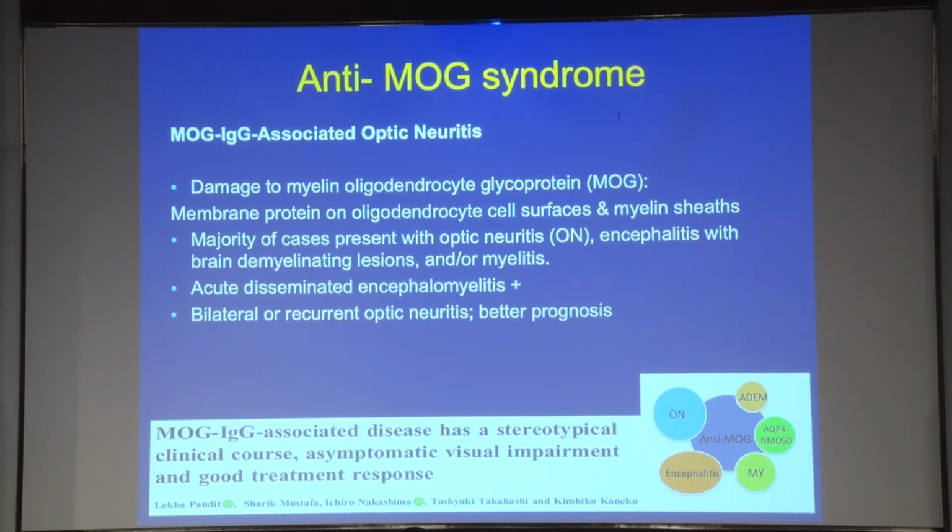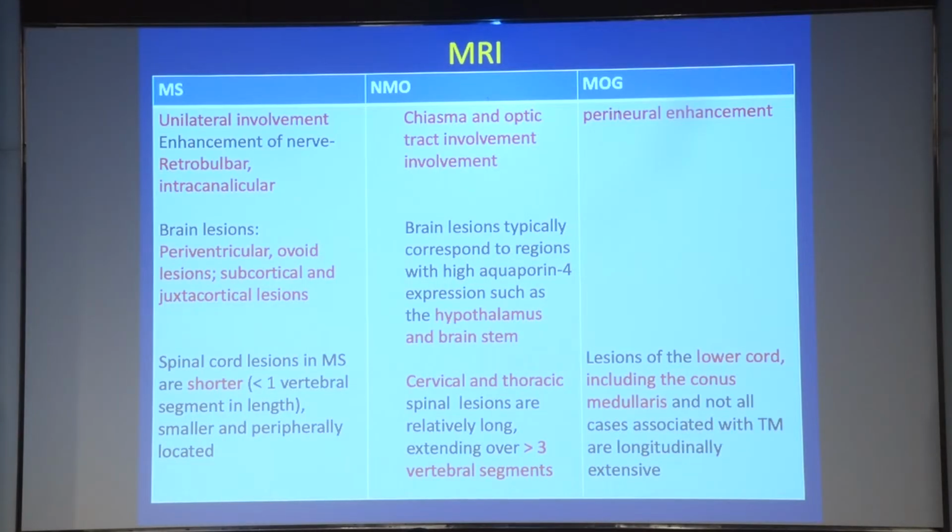MOG is another variant of optic neuritis that we are seeing. You have a presentation which may be similar to optic neuritis, but recurrences are more. Although initial management is the same, our understanding of long-term outcomes, which are better in MOG-associated optic neuritis, is still developing.